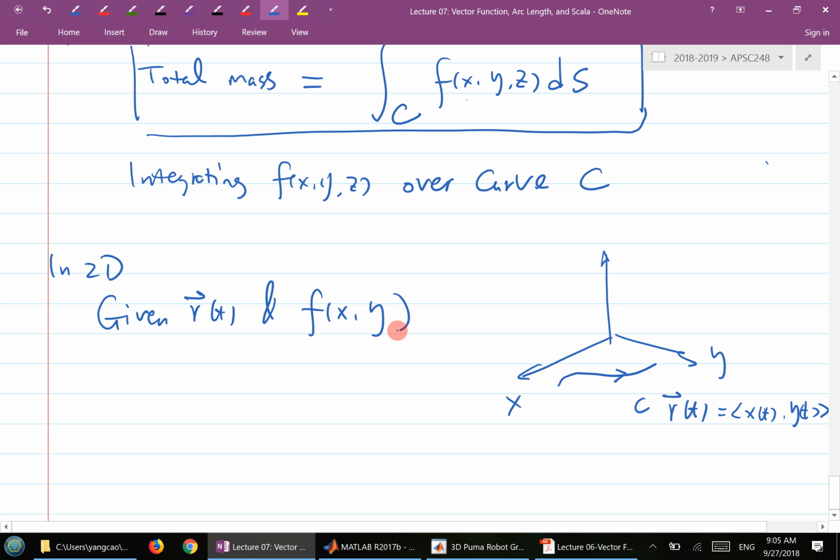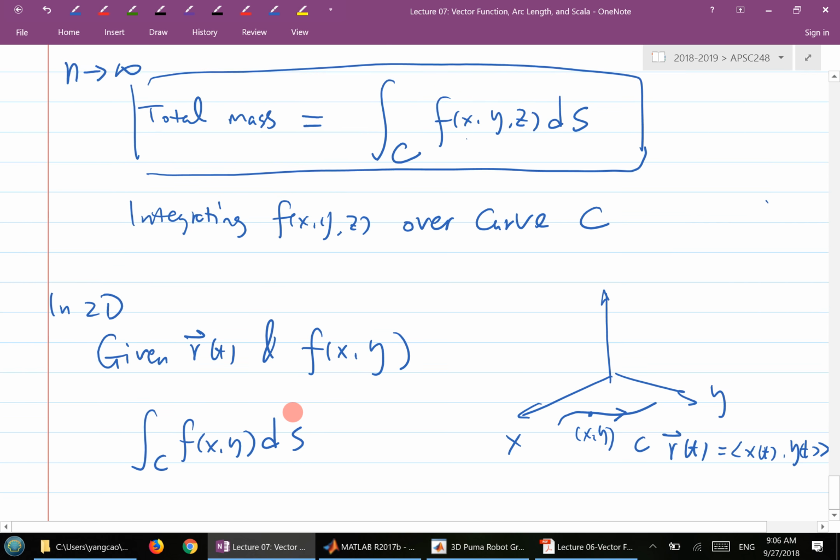Instead of a function of three variables, you now have a function of two variables, f of x, y. Picking any point x, y here, you have a density or a certain function value defined at that location. Then the line integral becomes integrating f of x, y over this curve C.